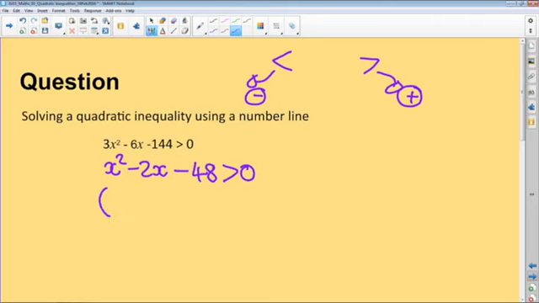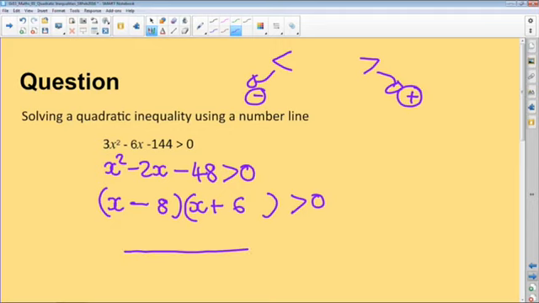Now, how do you factorize x squared minus 2x minus 48? You've got your x, 8, and 6. That's a minus and a plus. So now, using a number line, guys, this is how your number line looks like.